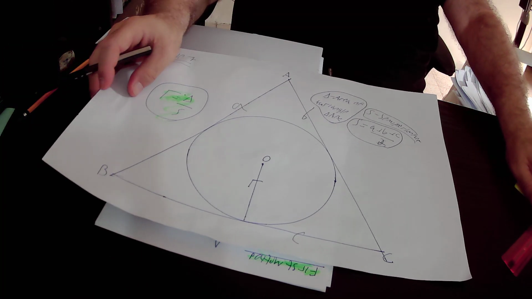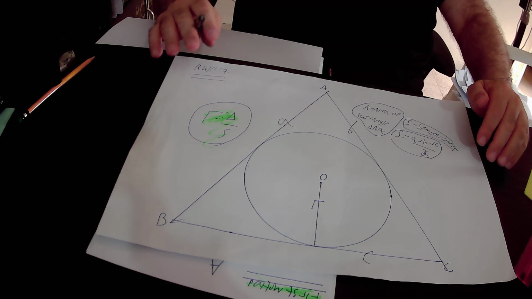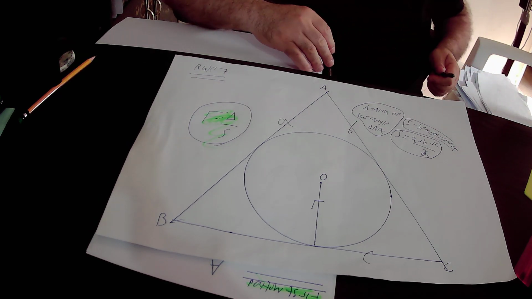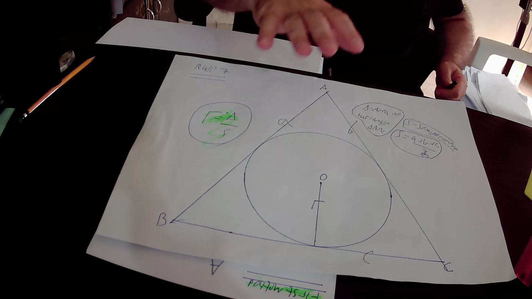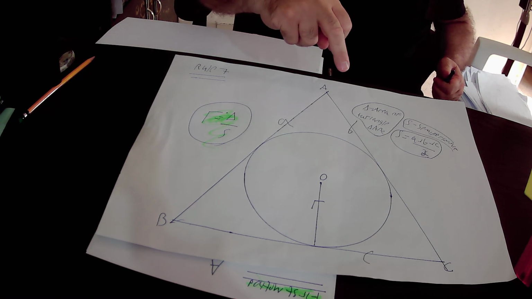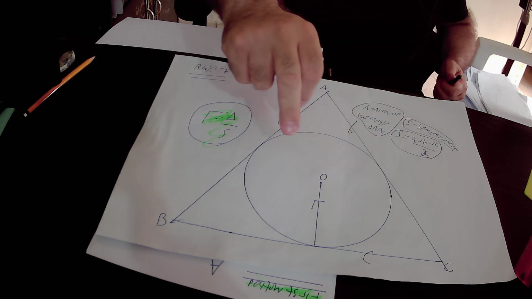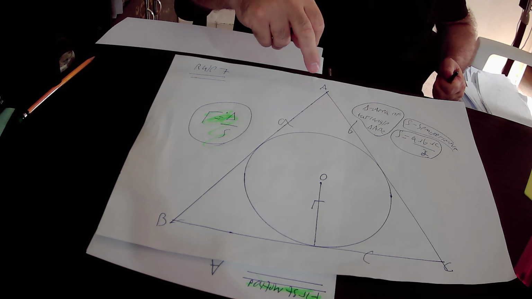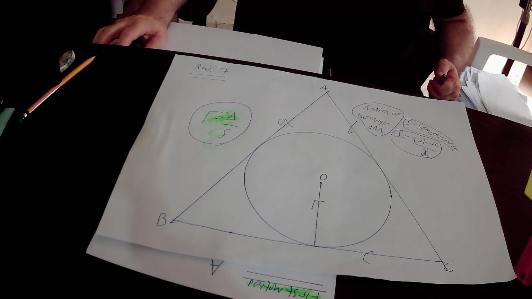The radius of any circle that is inscribed by a triangle, which could be any triangle, is equal to the area of the triangle that encloses the circle, in this case triangle ABC, over the semi-perimeter of triangle ABC. Okay?